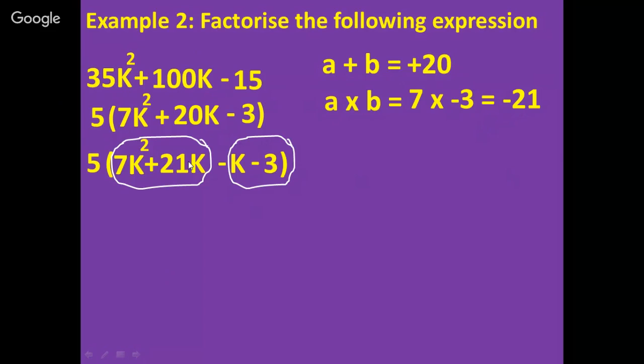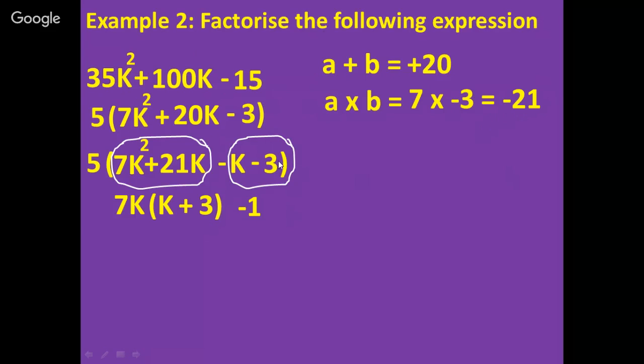So let's do that. 7k times 7k squared divided by 7k is k, and then this plus, and then 21 divided by 7 is 3.